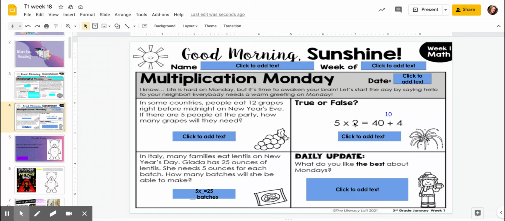Now you have to determine what 5 times 2 equals to decide whether this equation is true or false. If the product of 5 times 2 is 10, then this equation is true. If the product or the answer for 5 times 2 is not 10, then it is false.